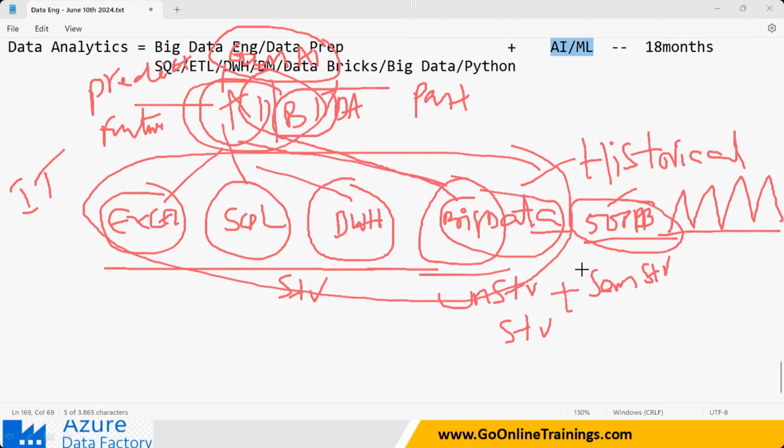Generative AI, your Google Gemini, Microsoft Copilot, or Chat GPT, with versions 1.0, 2.0, 3.0, and the current version 4.0, are all connected to your big data. So who is going to be supplying the data to Chat GPT? A data engineer. Clear? So a data engineer team has to be there.